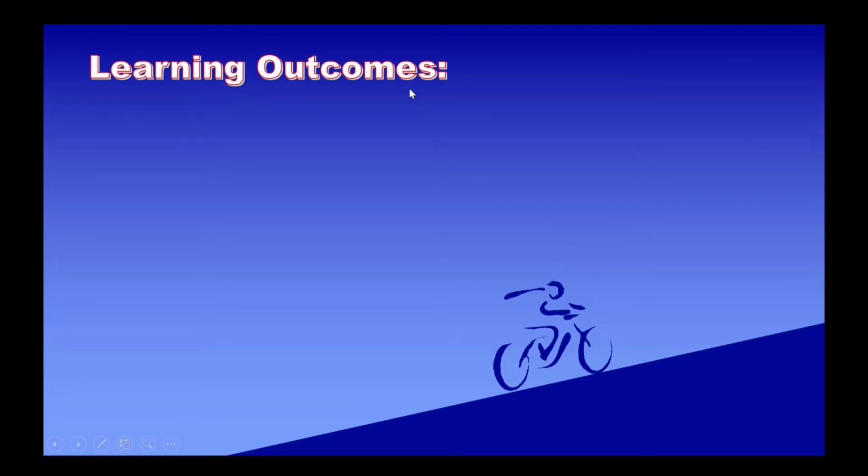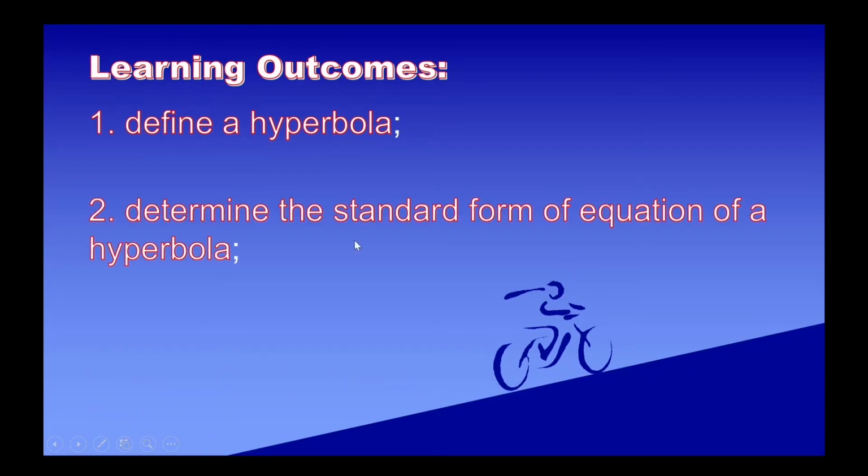Okay dudes, alamin muna natin yung learning outcomes natin. Our learning outcome is based on the DepEd K-12 competencies. After watching this video, you might be able to understand, number 1, define a hyperbola. Number 2, determine the standard form of equations of a hyperbola.